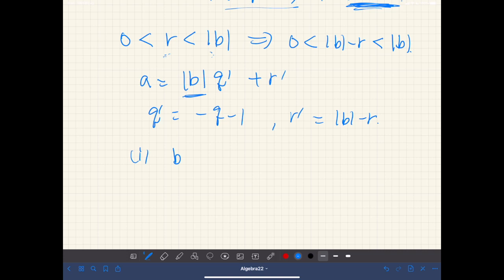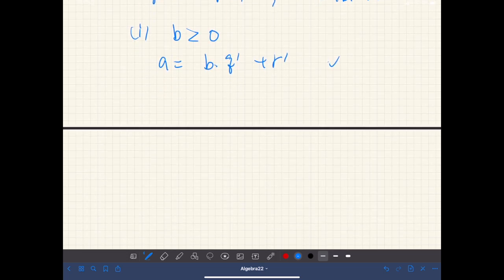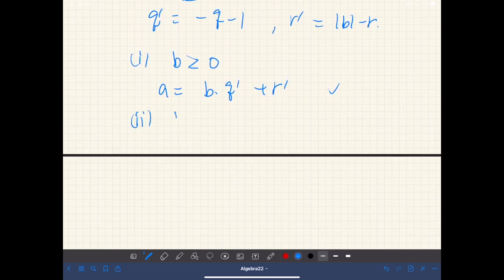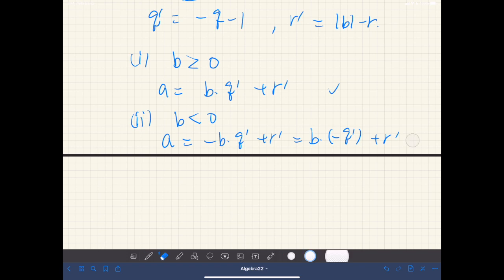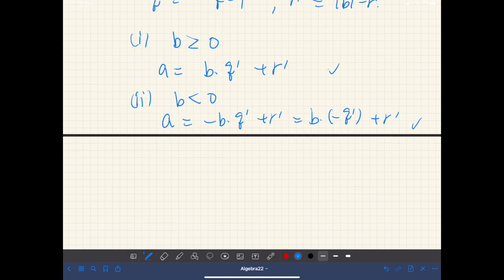If b is non-negative, then we have a equals b times q prime plus r prime, and the claim is true. And if b is negative, then a is equal to negative b q prime plus r prime, and b times negative q prime plus r prime. So the claim is true. So now we have covered all possibilities, and the proof is done.